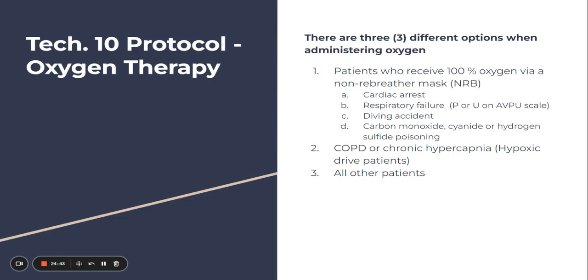The second option is our patients who have COPD or chronic hypercapnia, because these are patients who have what we call hypoxic drive. So typically, healthy patients, such as you or I. Again, I know some people will say there are different ways that our body actually determines the need for respiration, that controls our respiratory effort.